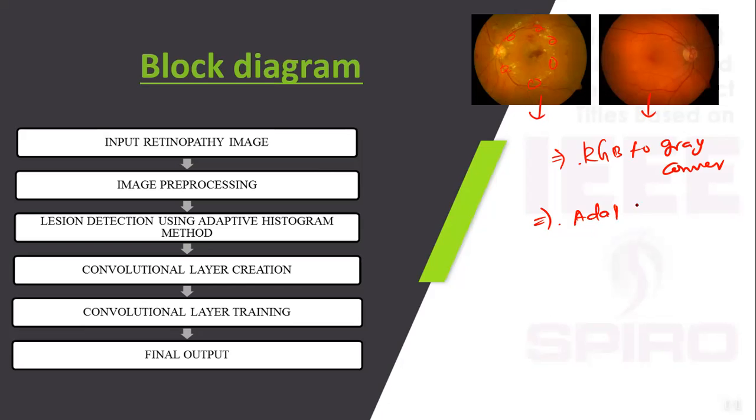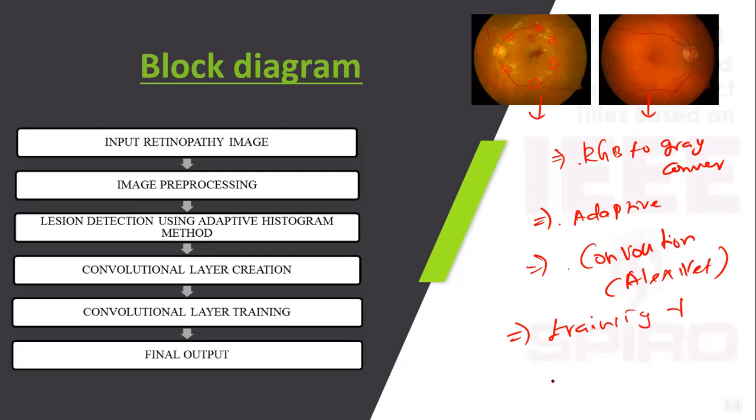This method is one of the black and white conversion methods, and next we create a convolution layer with the AlexNet model, and finally with the help of this convolution layer training will be done, and finally we classify whether it is a lesion or not.